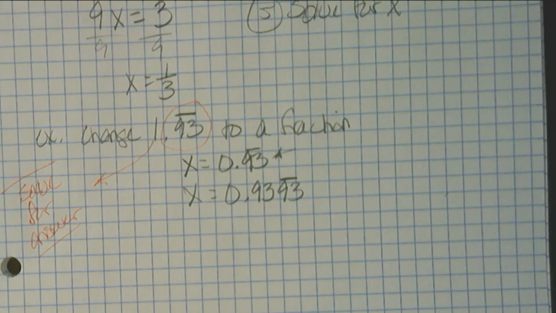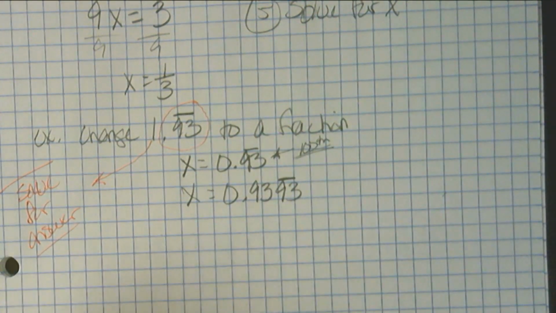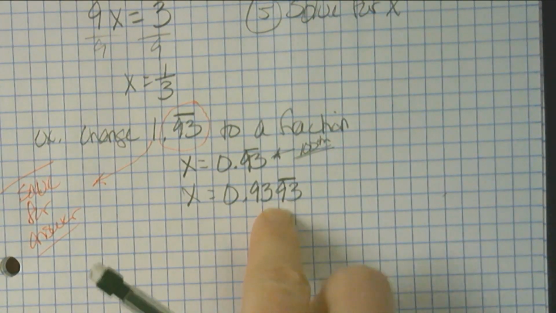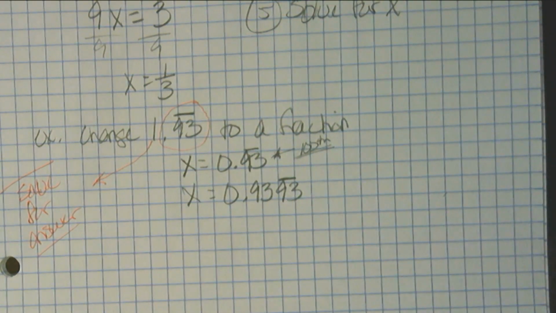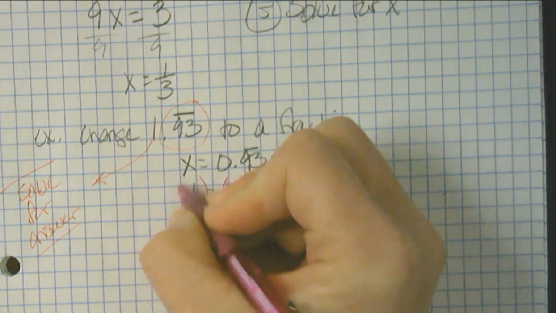Matthew? The hundredths. So what does that mean? I'm multiplying both x and the repeating decimal by. Ada? 100. So I'm just going to multiply both sides individually by 100.